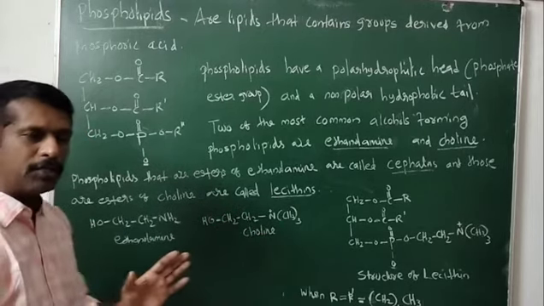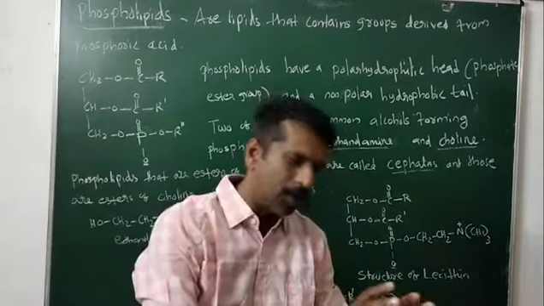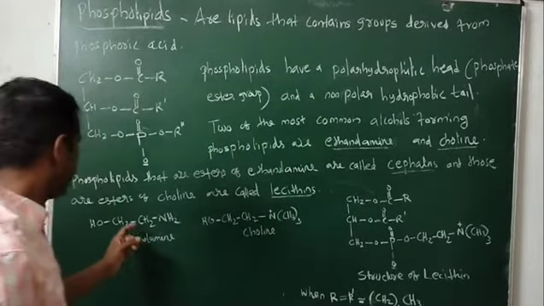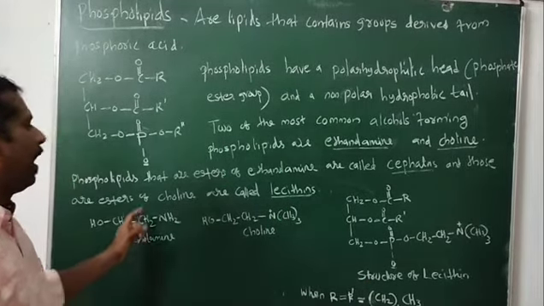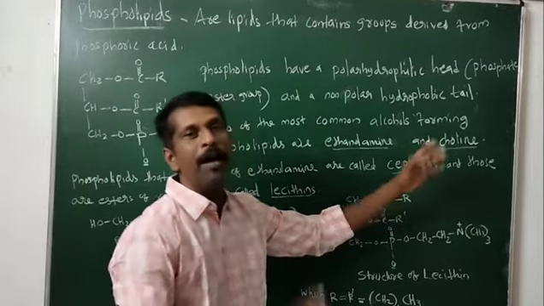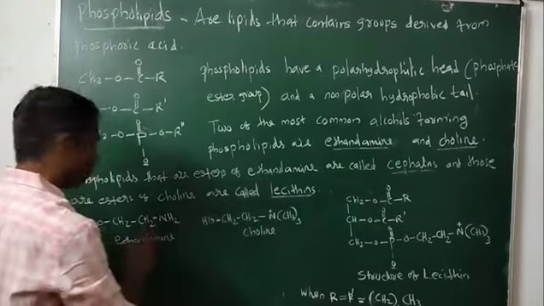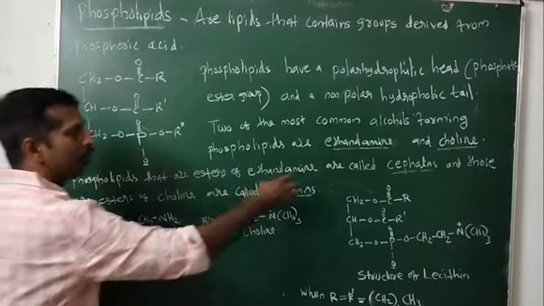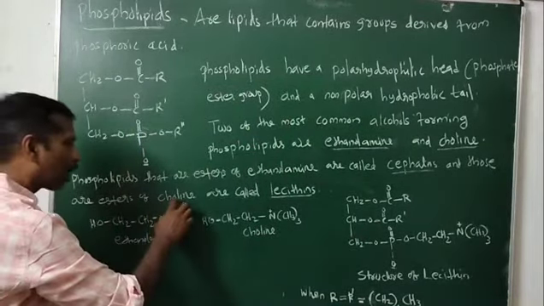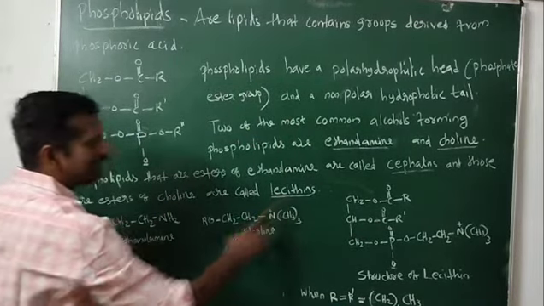So a phospholipid consists of alcohol and carboxylic acid. If the alcohol is ethanolamine, then that phospholipid is called cephalin, and if the alcohol is choline, then it is known as lecithin.